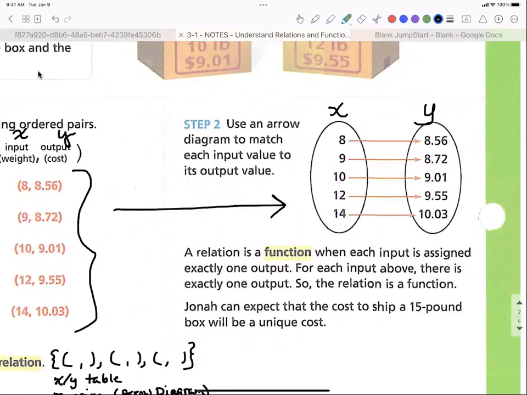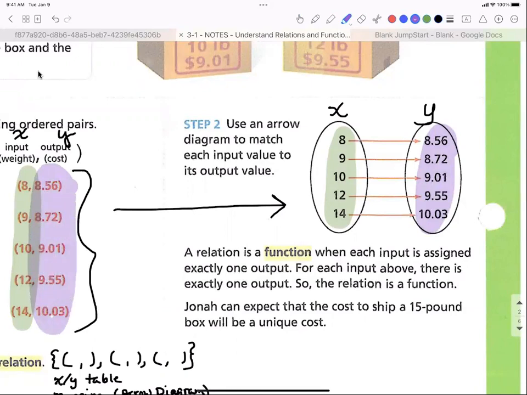And if you look at your stack of boxes over here, these right here are all the X's. Notice 8, 9, 10, 12, 14. And then in the Y bubble, right here, I'm not going to say them all because they're all decimals and that would take me forever, but these are all your Y's. And so they go in your Y bubble.